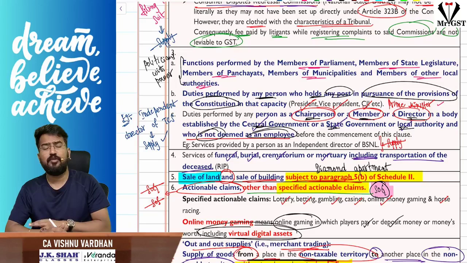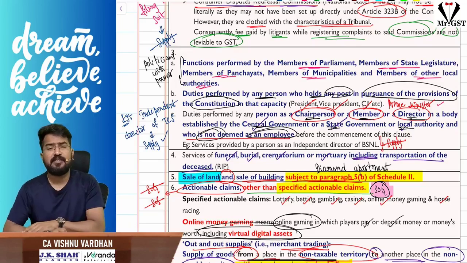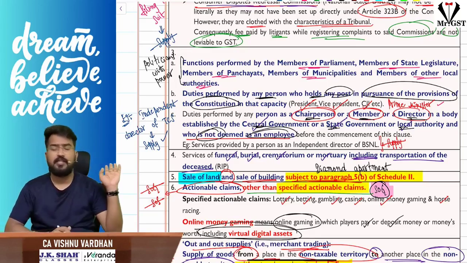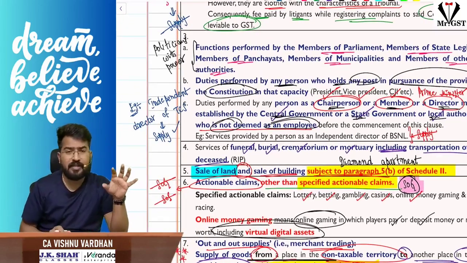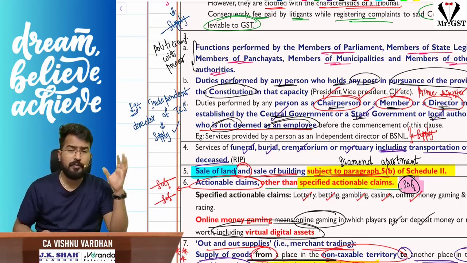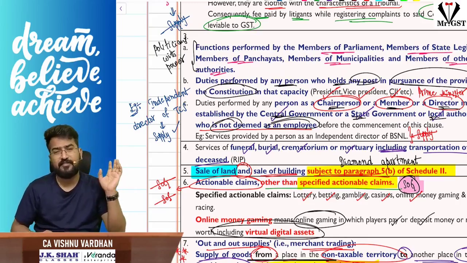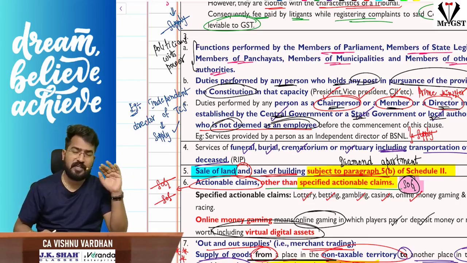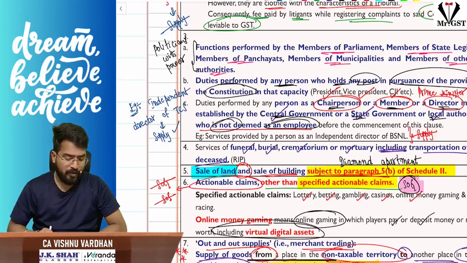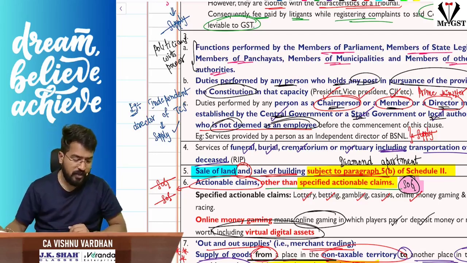Sir, BSNL is a government company, so a government body established by central government. If you are acting as an independent director there and getting remuneration, it is not a supply. But if you are an independent director of TCS company, then it will be treated as supply. Okay, hope you remember the reverse charge mechanism entry of director services also. We will see the connection with this in reverse charge mechanism, and we'll have an analysis of director services. Okay, so that is number 3.